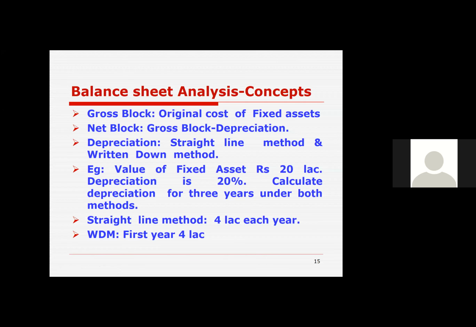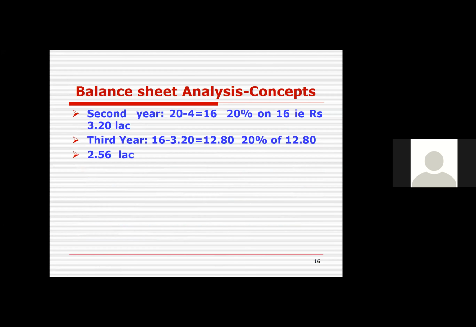But in the written down value method, first year is 20% on 20 lakhs, correct, 4 lakhs. In the first year, the straight line method and the written down value method will tally. But in the second year, for the written down value, we kept 4 lakhs as the depreciation in the first year, so 20 minus 4 is 16.